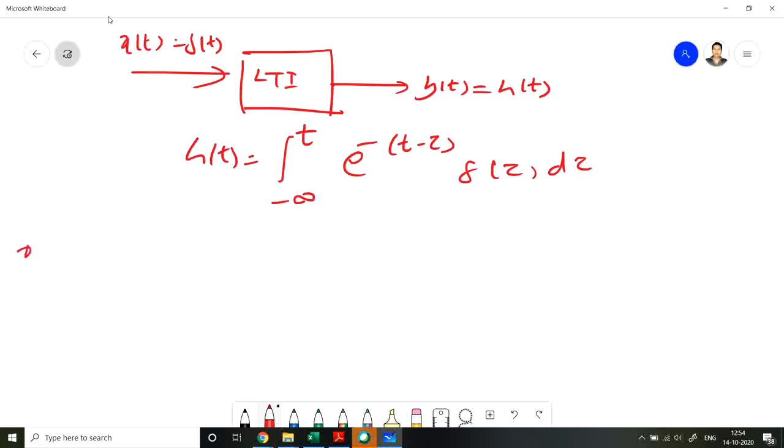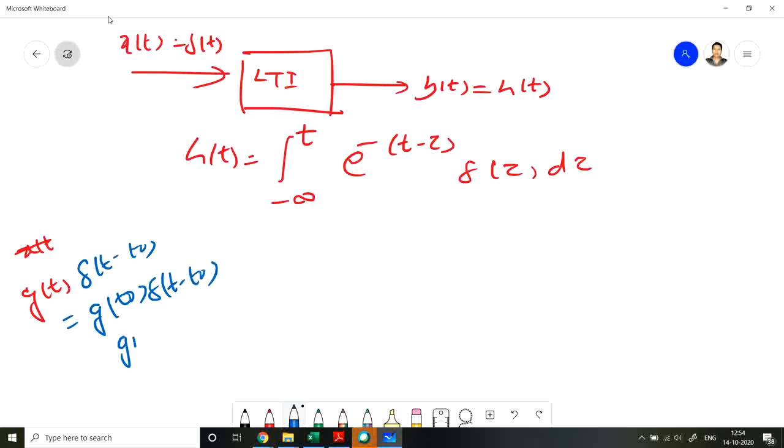What is the property? If we have a continuous time signal g(t) multiplied with delta(t minus t0), then it is g(t0) multiplied by delta(t minus t0). So what is g(t) here? g(t) is nothing but e^(-(t minus tau)).